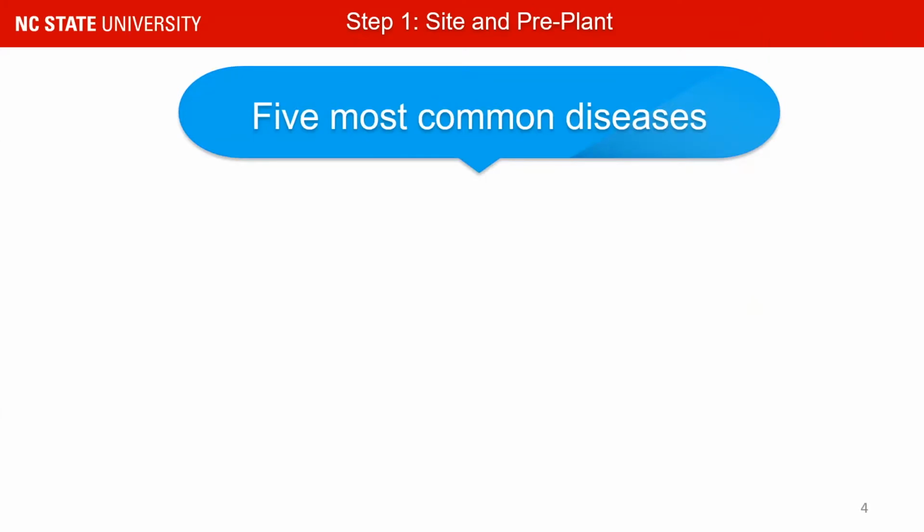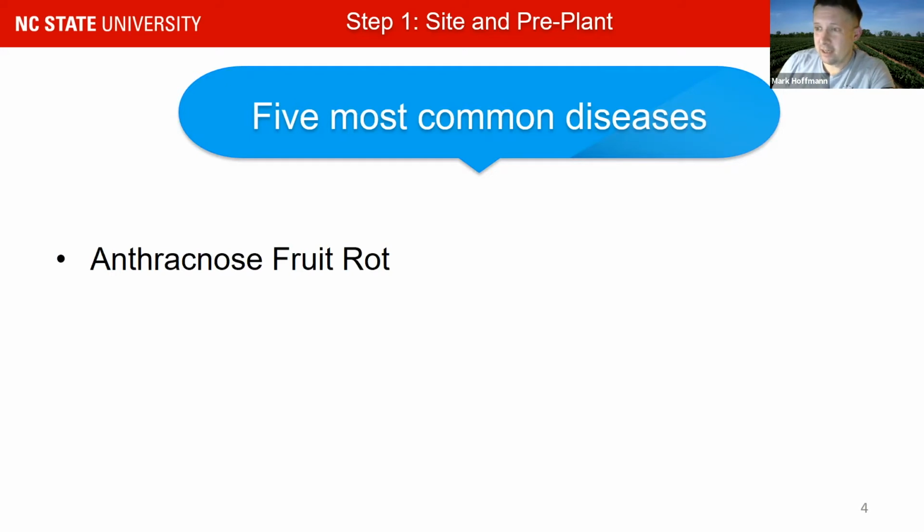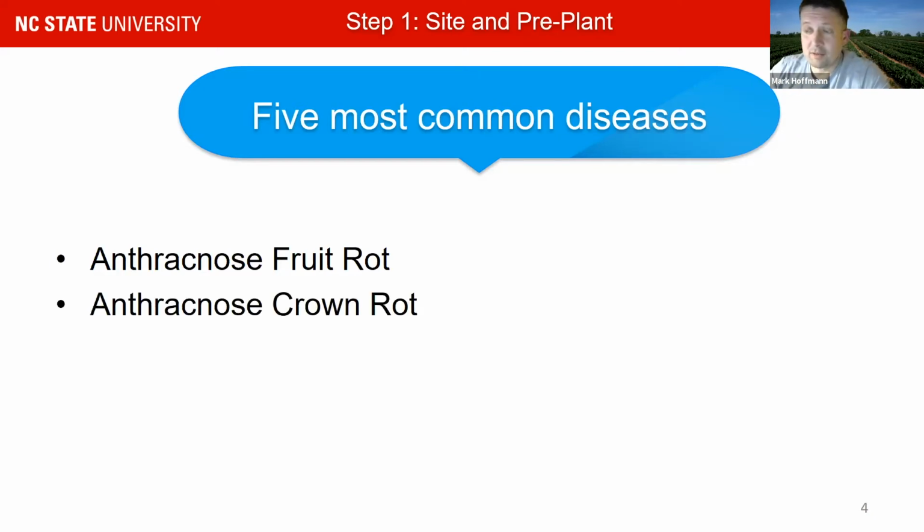You have botrytis and anthracnose, or gray mold. Yeah, very good. Those are the ones which we find here in North Carolina as well. Those are 5. Anthracnose has 2 different forms: anthracnose fruit rot, which is a different pathogen than anthracnose crown rot.